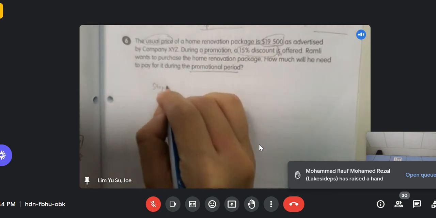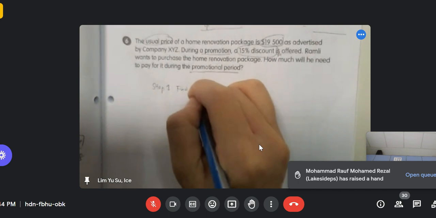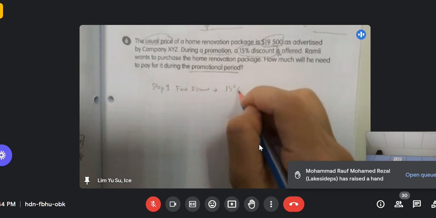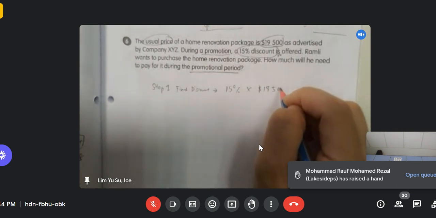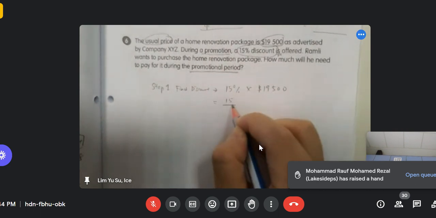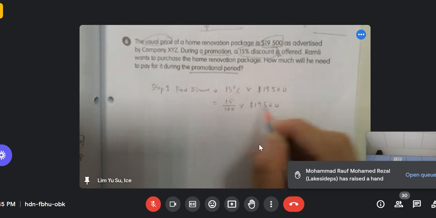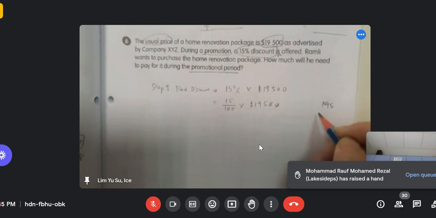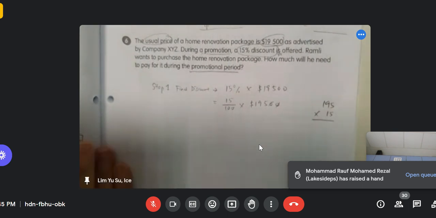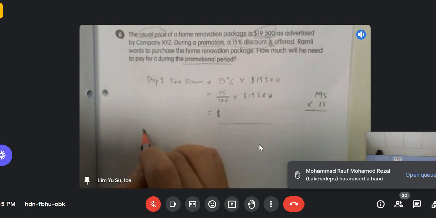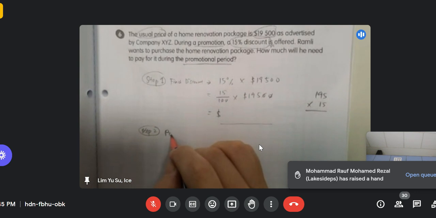Step one, find the discount: 15% of $19,500. Then you get the discount. Step two, how much do you pay after the discount during the promotion period?